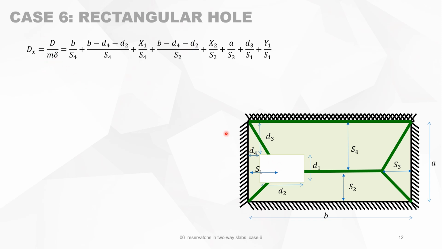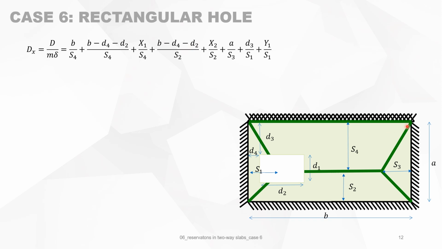And the first contribution is the yield line where the slab is fixed. Projection to this rotation axis, of course, is b times the angle of rotation, which is delta over s4. So the delta is here, and there's the s4. So b over s4, taking into account this yield line here.